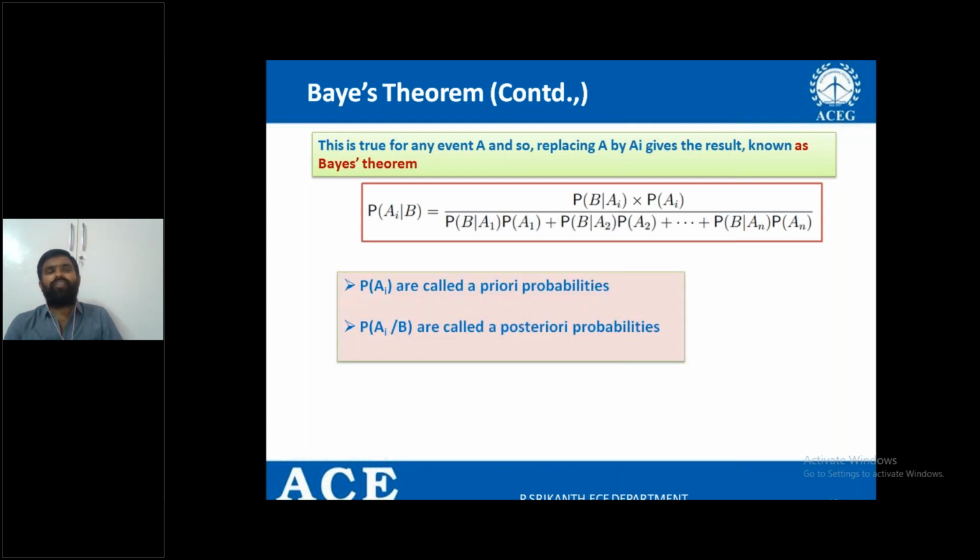And what is P of Ai and P of Ai given B? Here is a simple example. In the previous slide, before entering into the Bayes theorem, I have taken a live example in the communication system. What is that example? Transmitters and receiver.